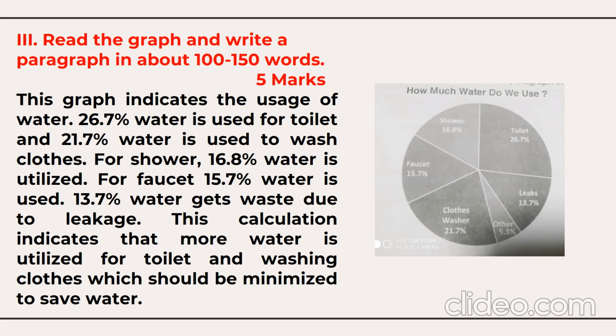This calculation indicates that more water is utilized for the toilet and washing clothes, which should be minimized to save water. You can also give some more comparison, the highest and the lowest, or the same level of the amount of water being used. This is how you need to interpret the data.